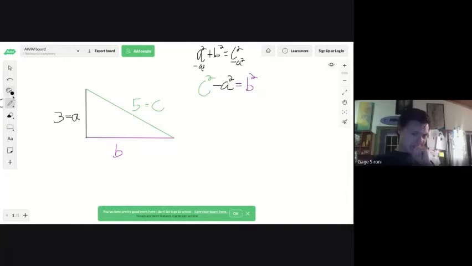All right, so if we fill in our missing numbers, c squared, so that's going to be 5 squared, minus a squared, which is 3 squared, that equals b squared. Oh, that's a big equal sign. 5 squared is 5 times 5, or 25.